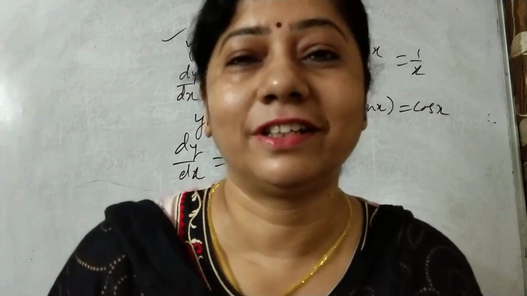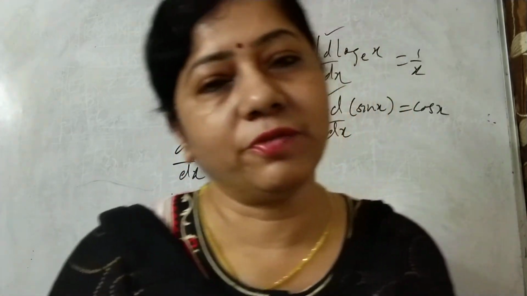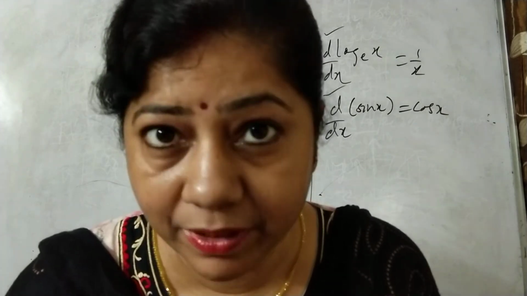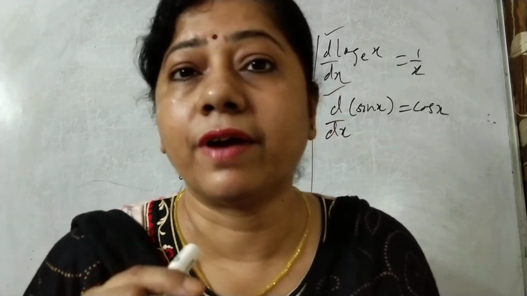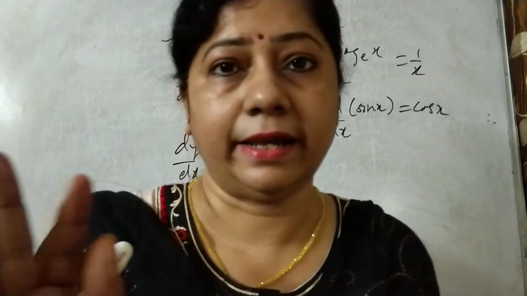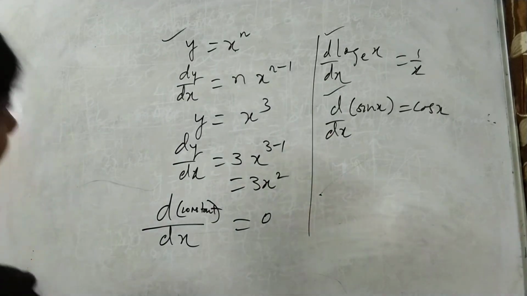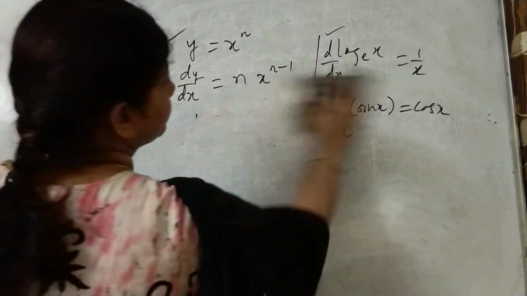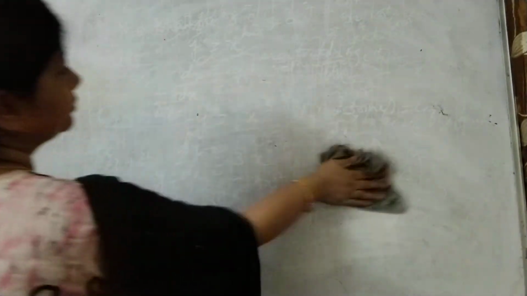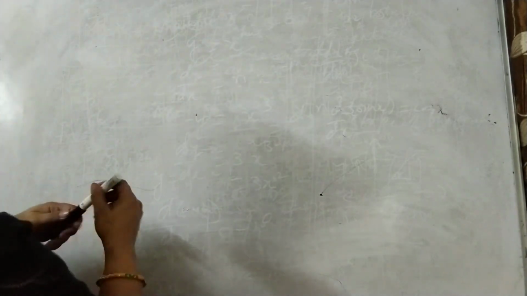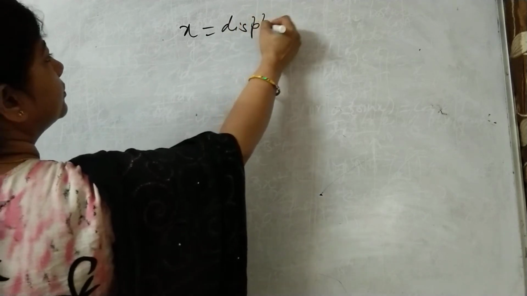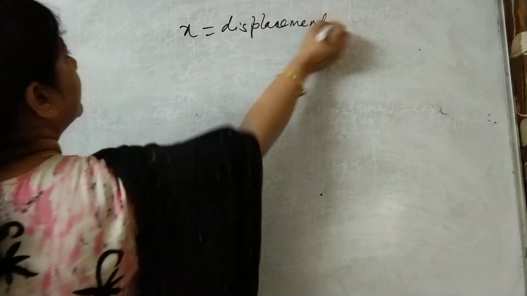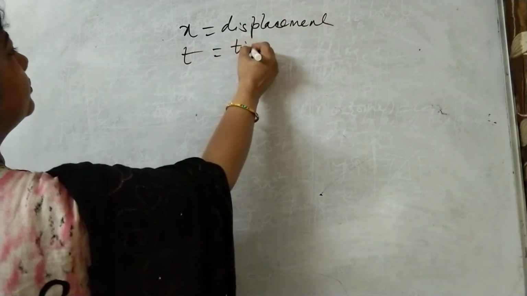Why calculus in physics? When we do the chapter on motion in one dimension, we are going to use calculus. Let us consider that I represent x as the displacement and t as the time.